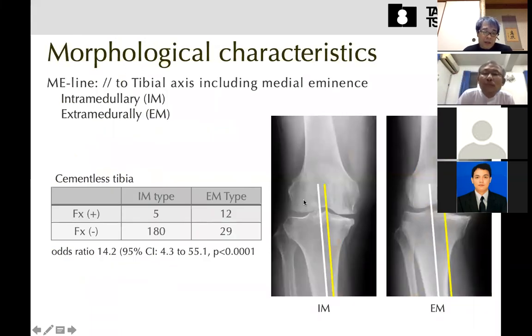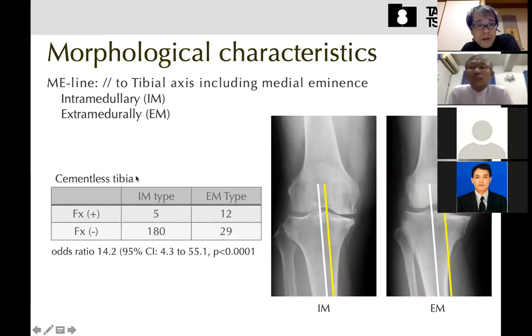So as I said before, many Japanese patients have tibia vara. So I made this line. This line is parallel to the tibia axis and passes at the tip of the medial tibial spine.